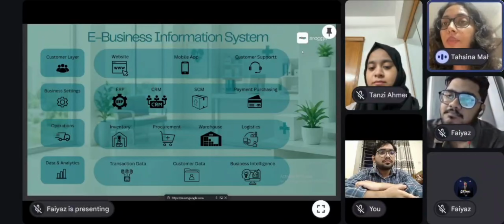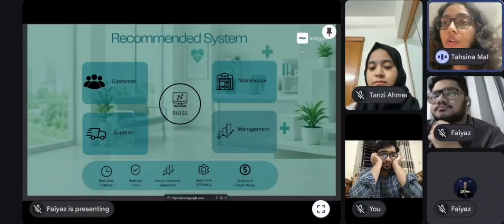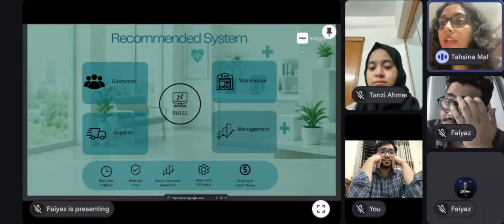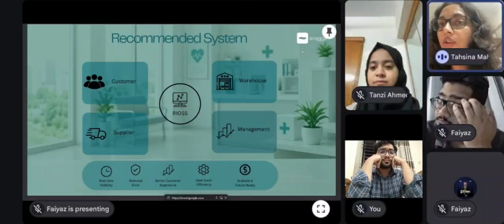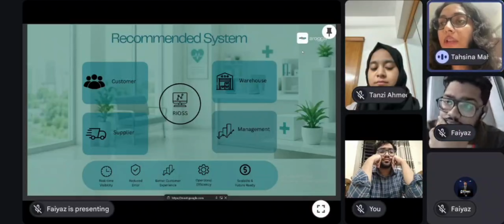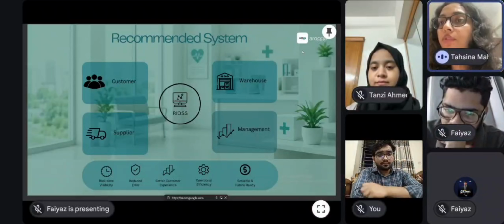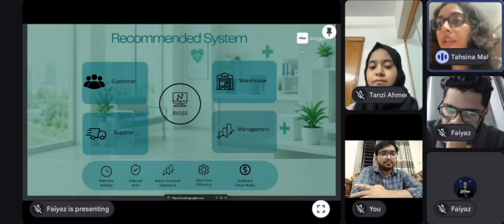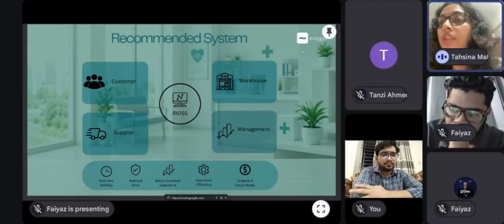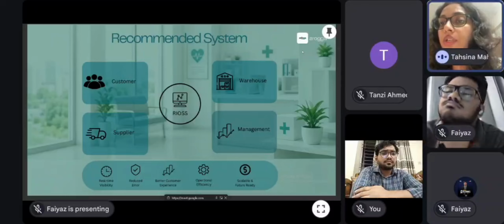The next slide is the recommended system. Based on our analysis, we recommend RIOS as an integrated system for Arogga. RIOS connects four major areas: customers, suppliers, warehouses, and management. It can improve information sharing with suppliers, provide real-time inventory information for warehouses, improve customer visibility, and support better decisions for management.